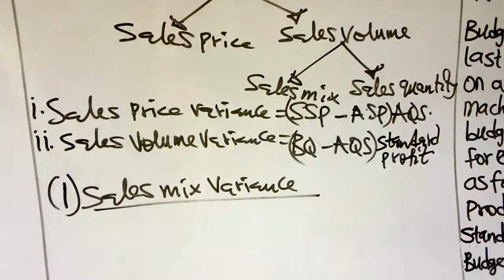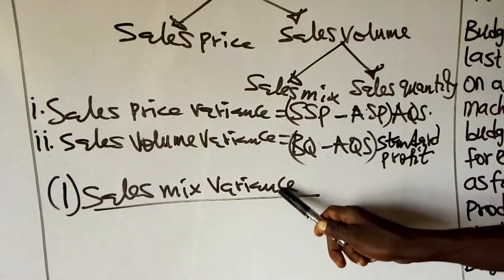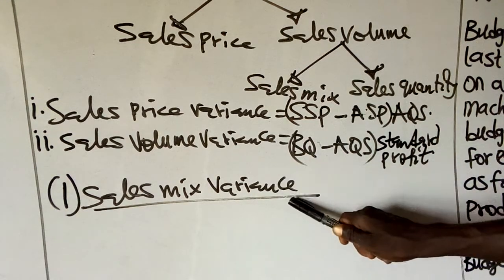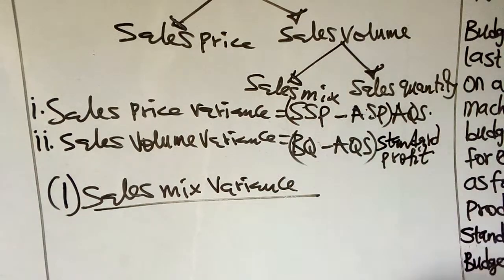A sales mix variance measures the effect on profit of changing the mix of actual sales from the standard mix.